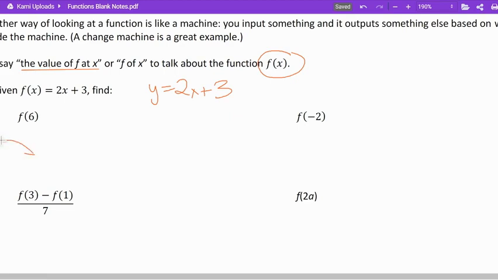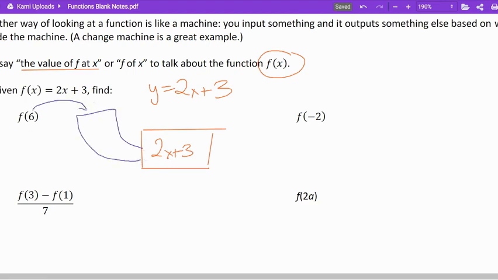When I have a function machine that does 2x plus 3, what if my input is 6? What happens when I put a 6 into this function? I would have 2 times 6 plus 3. So 12 plus 3 equals 15. So we could say f of 6 is 15.